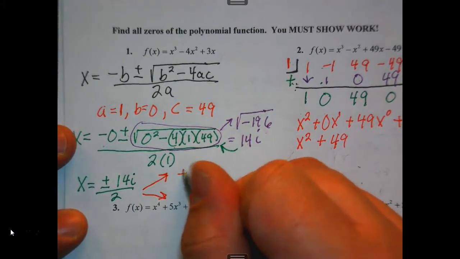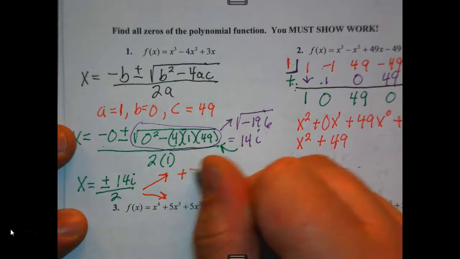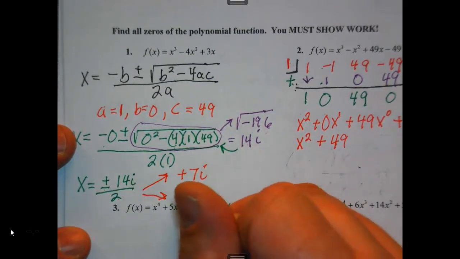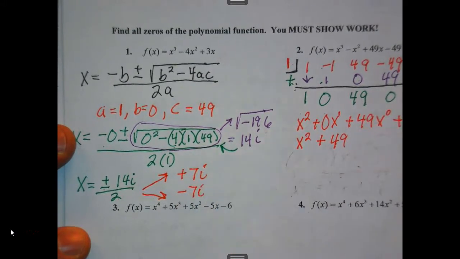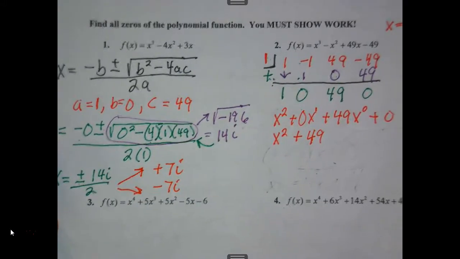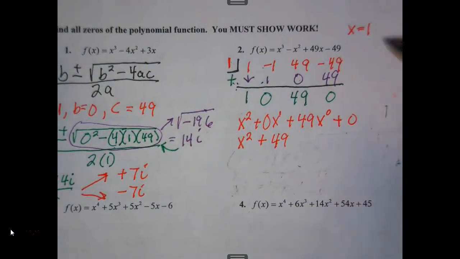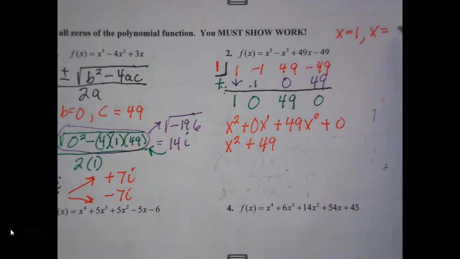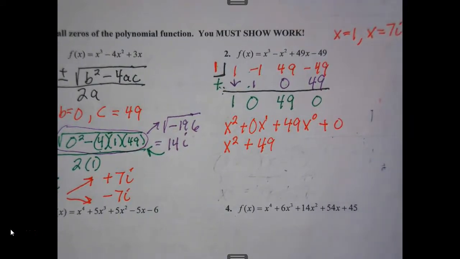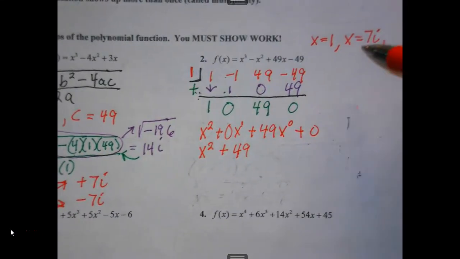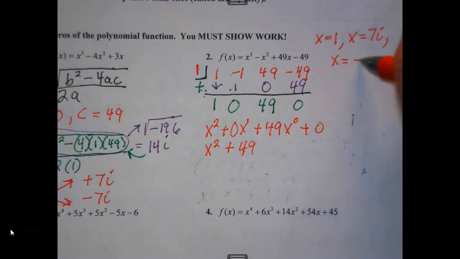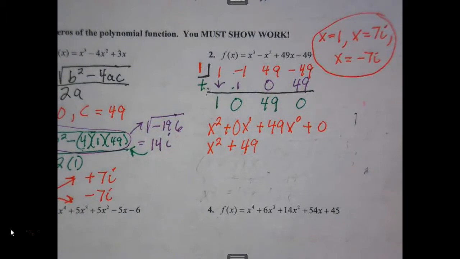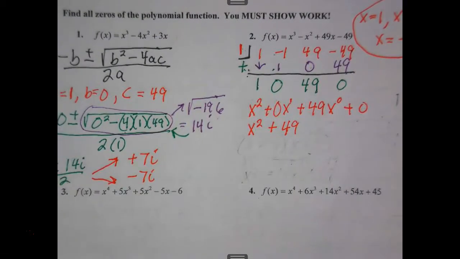Positive 14i divided by 2 is 7i. Negative 14i divided by 2 is negative 7i. So x equals 1, x equals positive 7i, and x equals negative 7i. And that's my answer, kids.